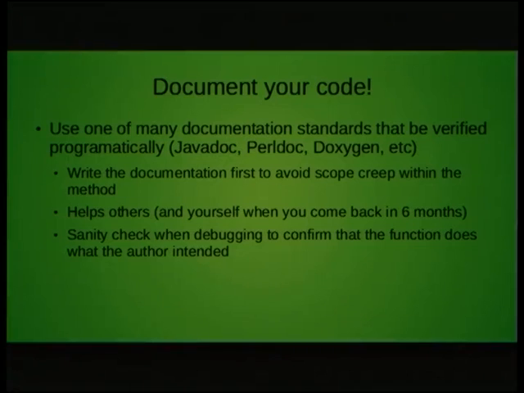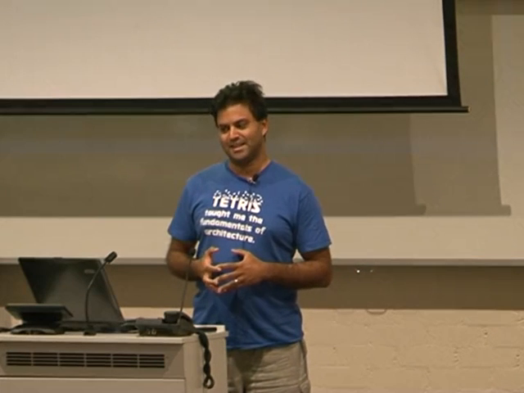I tend to use Doxygen for not just documenting the code to the user, but also for myself. I actually write the documentation first, and I use it as a way to keep myself on track and make sure that I'm not pushing more things into that function than it really should have. It's basically a case of trying to contain scope creep at a functional level rather than just at a project level.